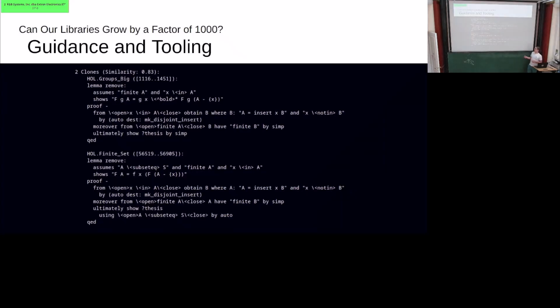The next big one is guidance and tooling. So these days there are some linters that help with that and tell people which things they should definitely avoid, but you do need more of that tooling. So, for instance, what we don't yet really have as good tools is deduplication, so you do need clone detection to find those kind of clones and warn people in advance that what they are doing has already been done before somewhere.